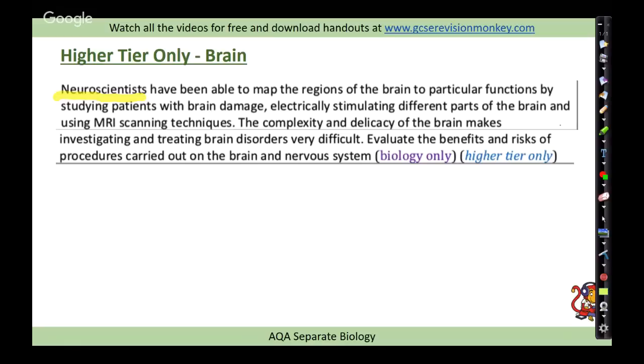But the complexity and delicacy of the brain makes investigating and treating brain disorders very difficult. So you may be asked to evaluate the benefits and risks of procedures carried out on the brain and nervous system. Evaluate is where you give your advantages and disadvantages, and then you must finish with a justified conclusion at the end.